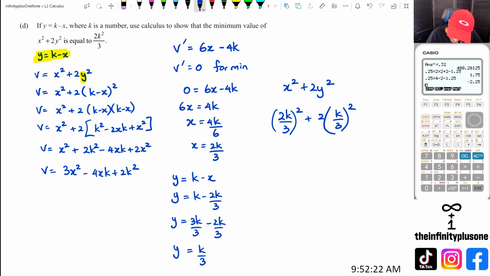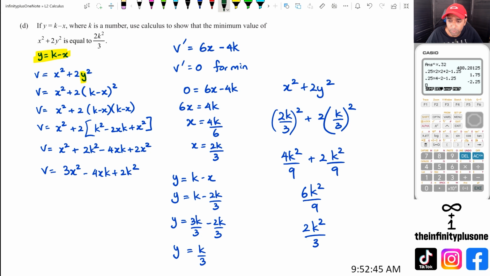Expanding the brackets, 2k squared becomes 4k squared, 3 squared becomes 9, plus 2 times k squared over 3 squared, which is 9. Now this is equal to 6k squared over 9, which then simplifies to 2k squared over 3. And we pretty much proved that it's equal to 2k squared over 3.